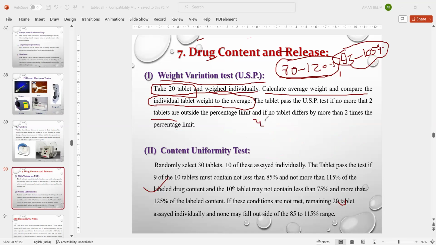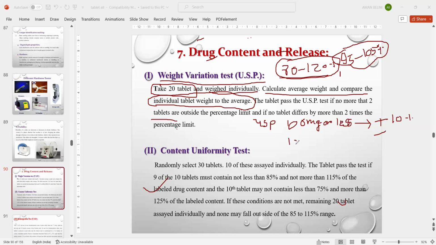According to USP, for a tablet weight up to 100 mg or less, the percentage variation allowed is 10%. The weight is somewhat different, but the percentage variation is the same.